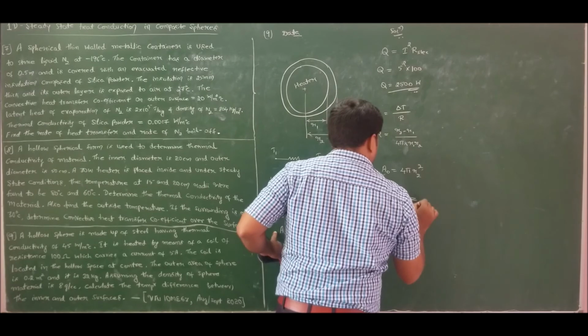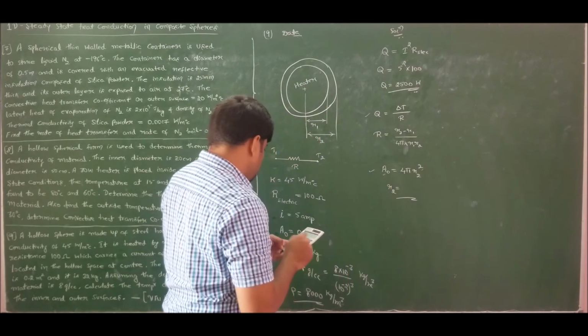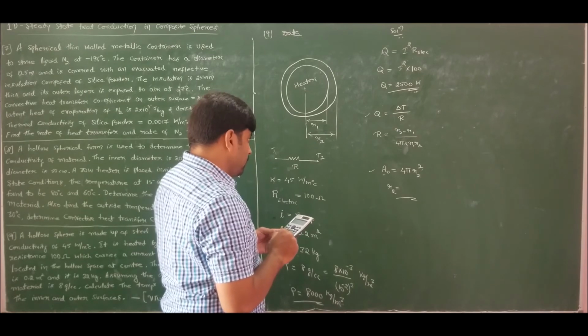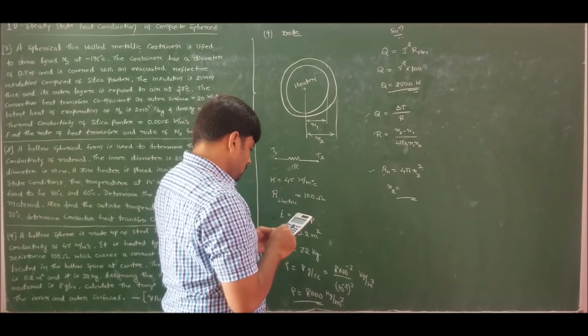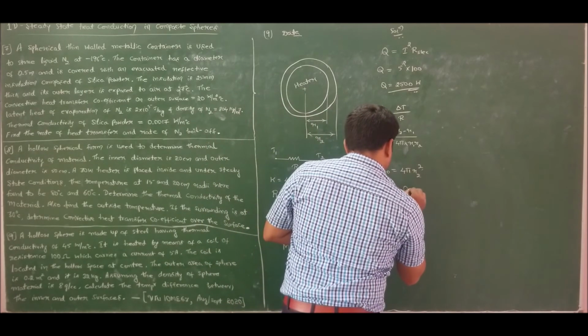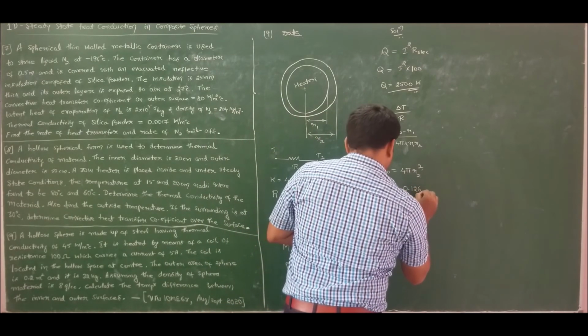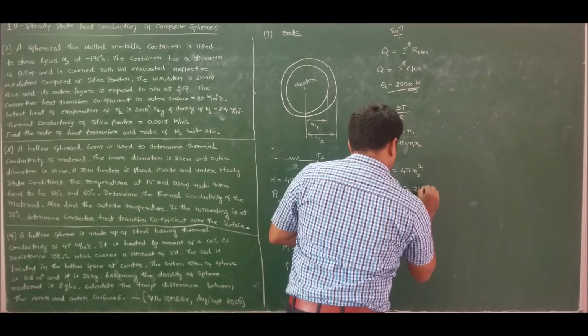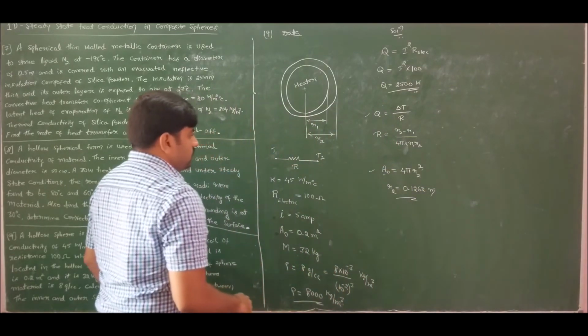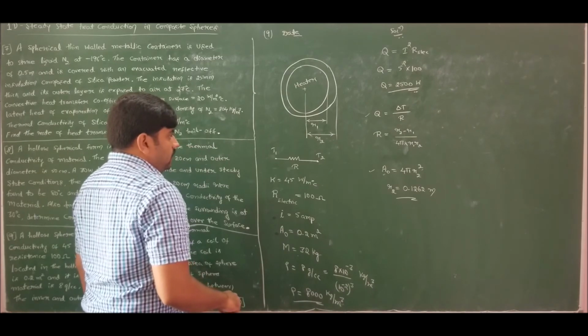R2 will become the root of 0.2 divided by 4 into pi, which is 0.1262 meters. So now I have found out the value of R2.